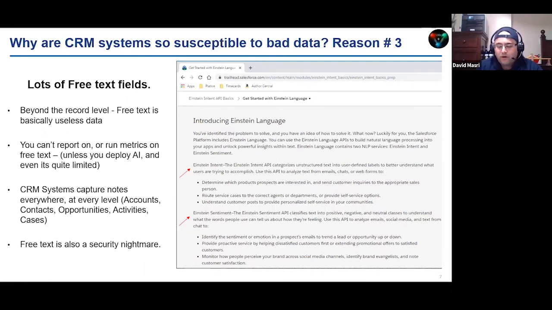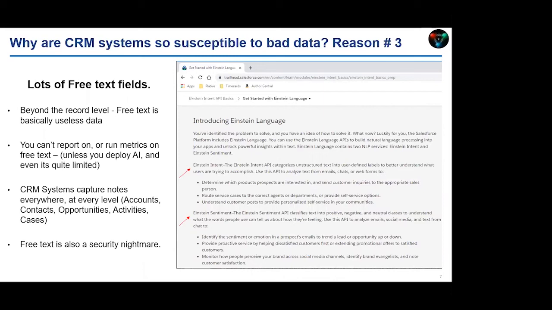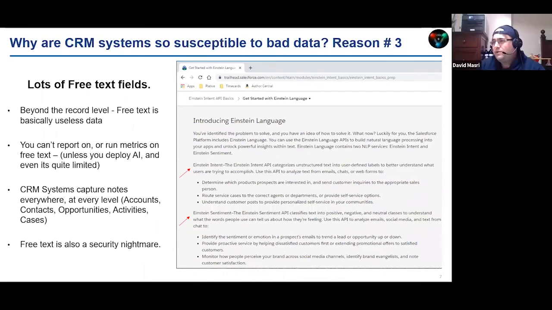It's great for when I want to look at a particular record and see what the previous person, or what I, thought about something at the time, or a quick summary of what's going on, but you can't really report on it. And if you do want to report on it, you have to essentially deploy some kind of AI that will take the large text data and classify it one way or another.